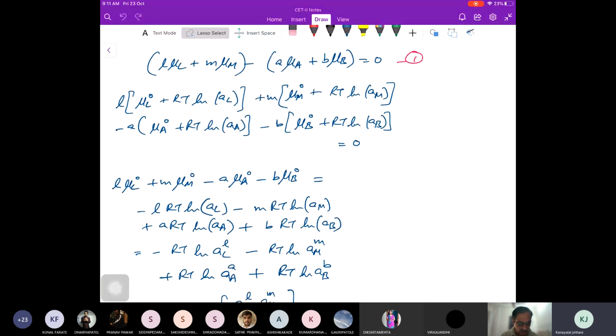Okay. So now we keep certain things on the left hand side, like l into mu L 0 plus m into mu M 0 minus a into mu A 0 minus b into mu B 0. The rest we take to the right hand side.